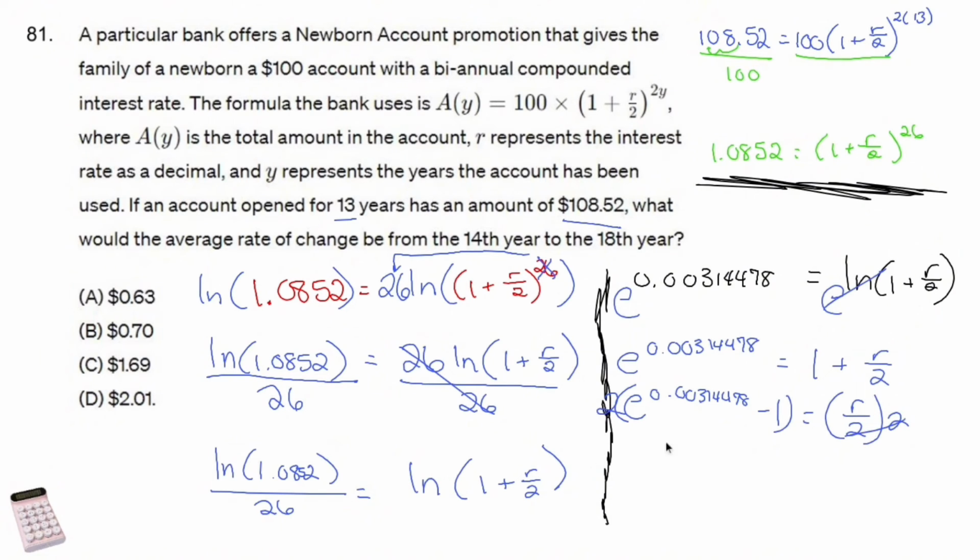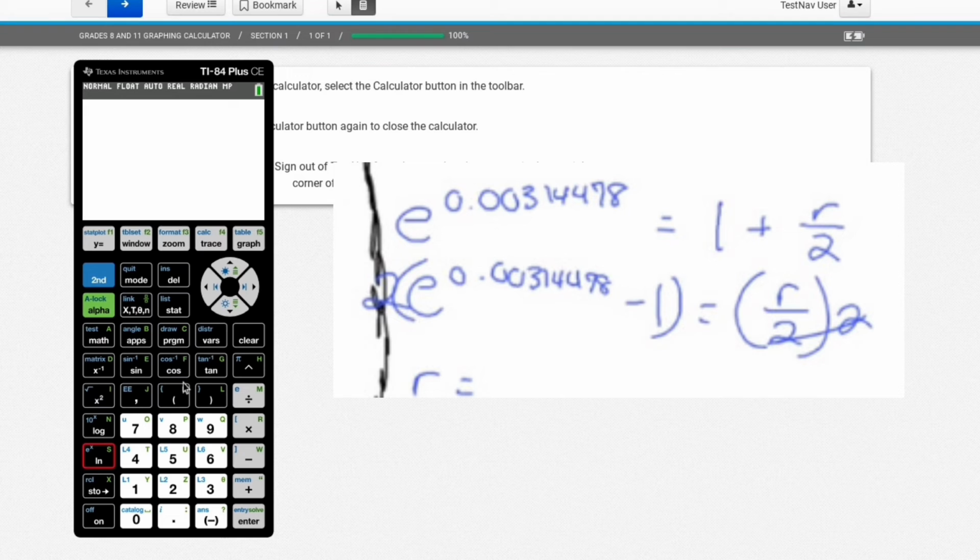Okay, so that looks awful, but I'm going to run to my calculator and find out what 2 parentheses e to the 0.00314478 minus 1 is, and that gives me r as a decimal. Be right back. All right, here we go again. 2 parentheses. The e to the is that button right there.